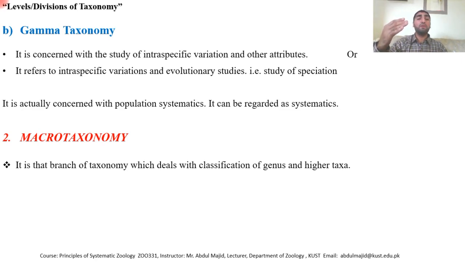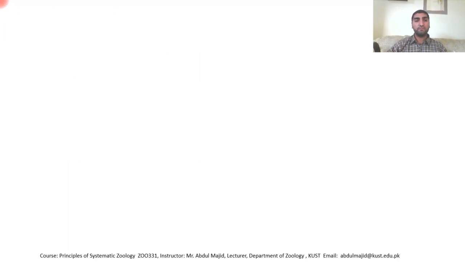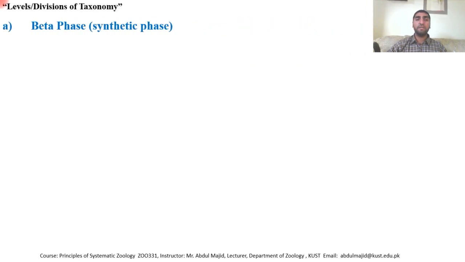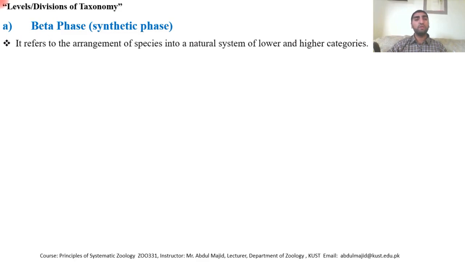At the micro level, we study species and subspecies, but in macro, we study genus and upward. It has only one stage, known as beta taxonomy, beta phase or synthetic phase. It refers to the arrangement of species into a natural system of lower and higher categories.